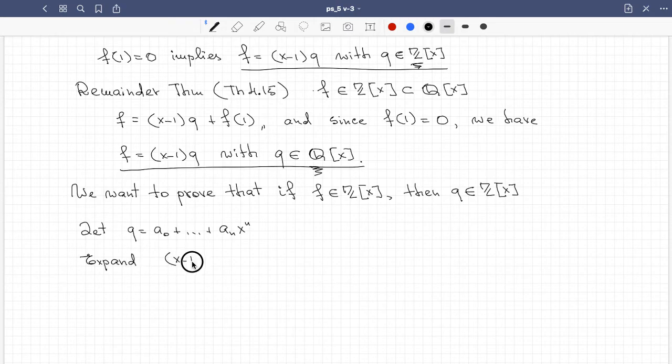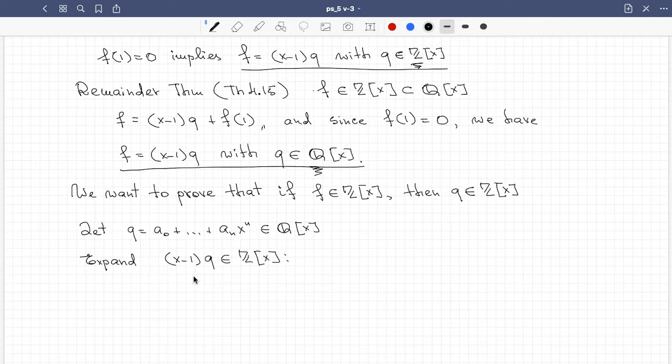x minus 1 times Q in fact has integral, not rational coefficients. So the a's are all rationals, but we know that after multiplication, the coefficients are integral.